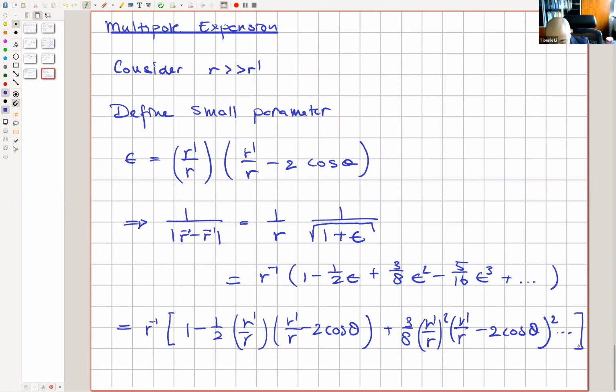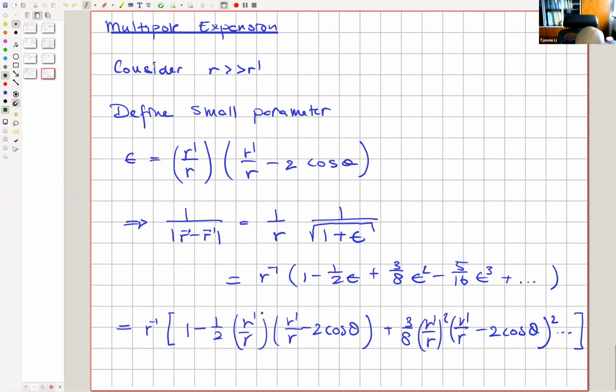Now comes a slightly tricky part that requires a little more attention. Imagine I want to consider all the factors of r prime over r. I need to start collecting the relevant terms. So here I get one term.